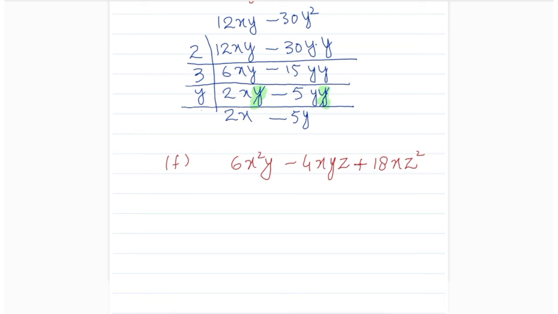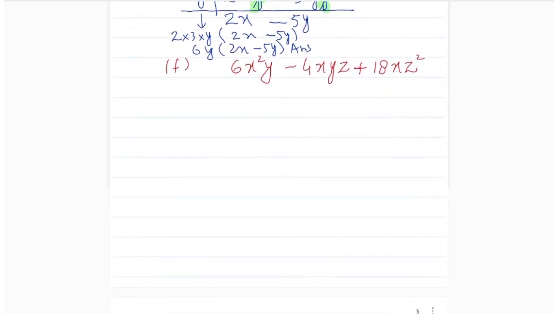So that's why this will give us 2 times 3 times y, and in the bracket there is 2x minus 5y. Or we can say it as 6y and 2x minus 5y. This is your factorization and this is your answer.